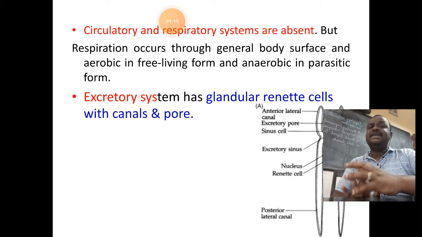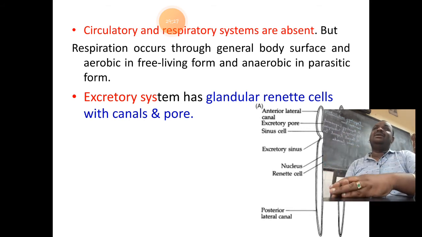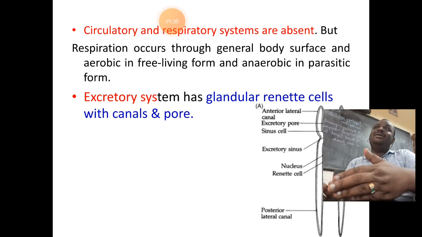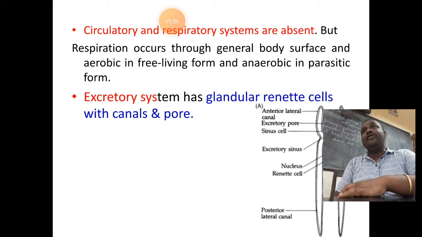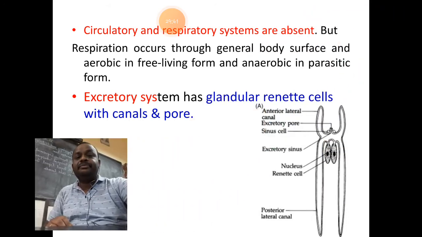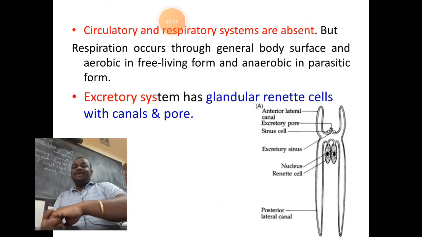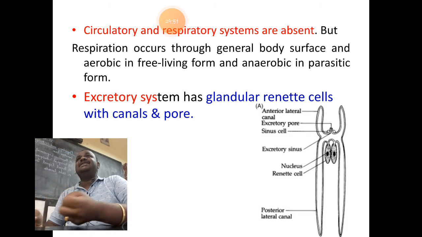It is commonly seen in free living forms of organisms by aerobic respiration, where oxygen is involved, and in the absence of oxygen in the air it can also be seen in anaerobic forms, where parasitic organisms are involved. The next important feature is the excretory system. So, we have understood that the excretory system refers to the system which is involved in the removal of the excretory waste.